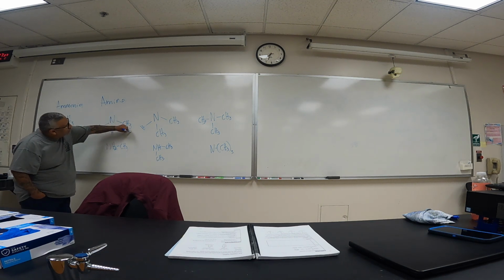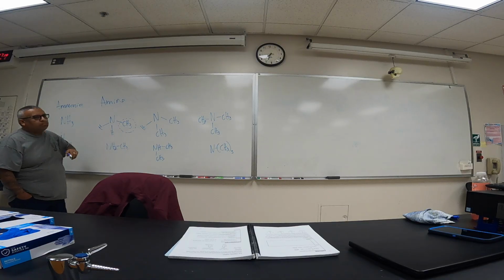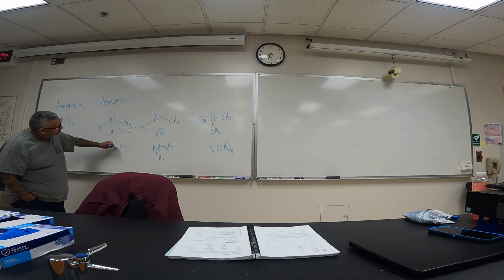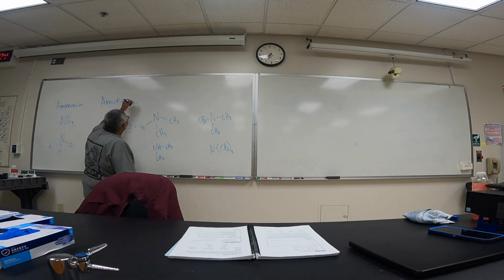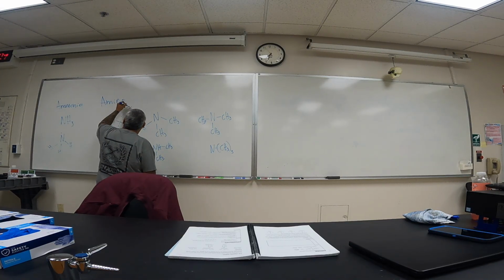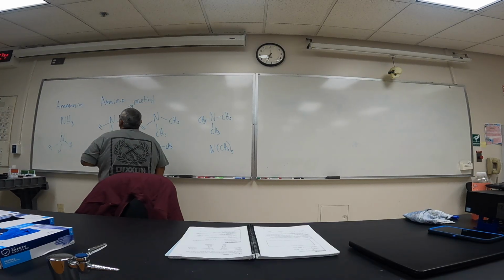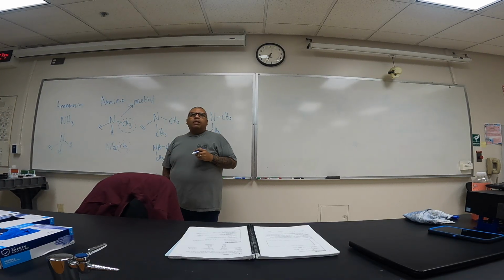So we consider them to be just branches. Right? Here is our branch. The name of this branch is methyl. So we're just going to write methyl. Probably the most difficult naming system we've had.